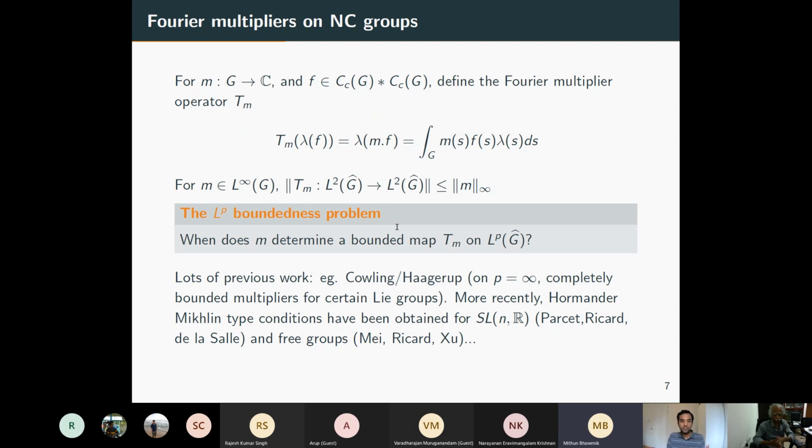So just as before, if you have a symbol on the group and you have some function, again, you can define the Fourier multiplier operator, which takes lambda f to lambda of m times f. Here, the multiplication is happening at the function level, right?